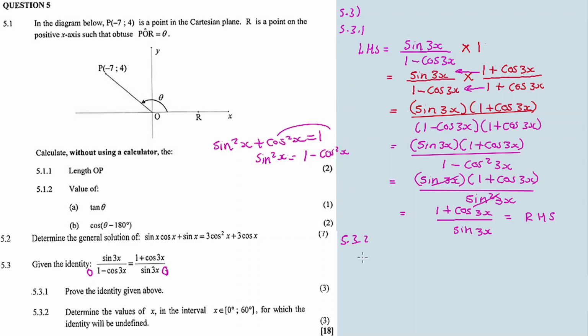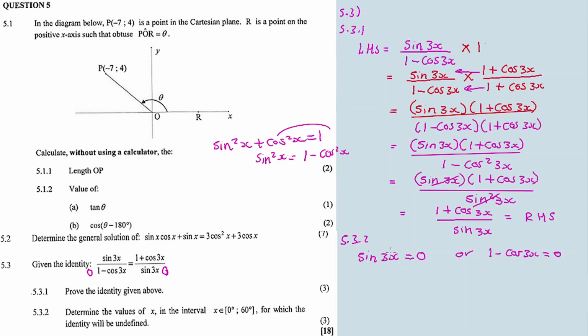So this will be undefined if sine 3x is equal to 0 degrees, or 1 minus cos 3x is equal to 0, right?